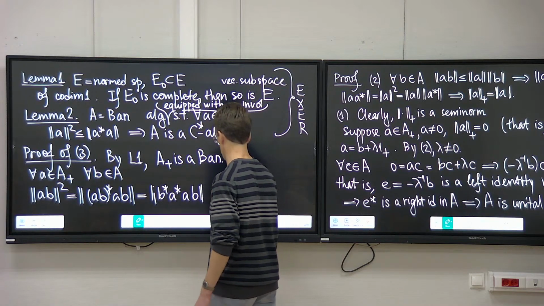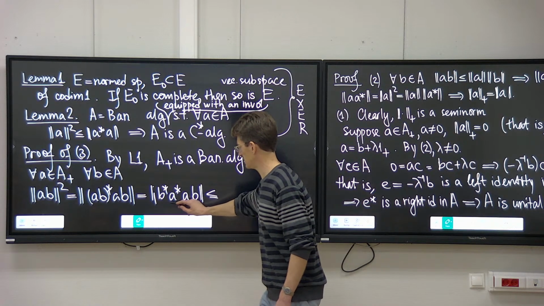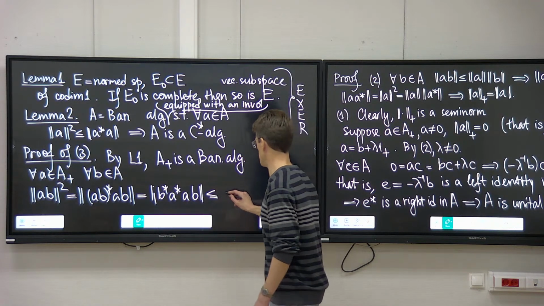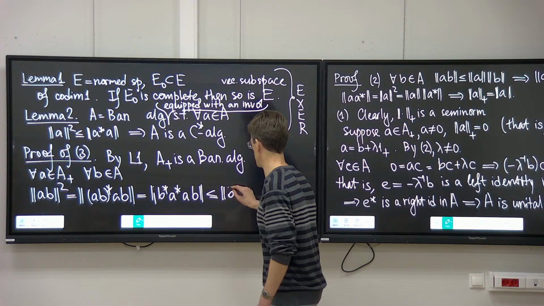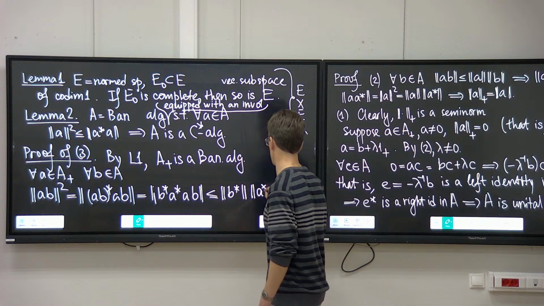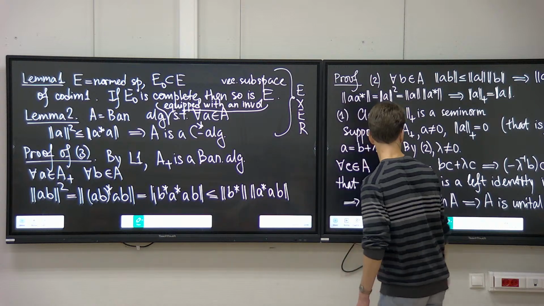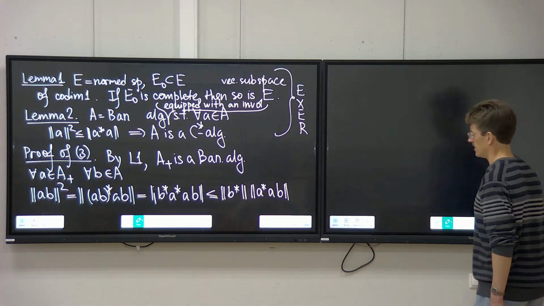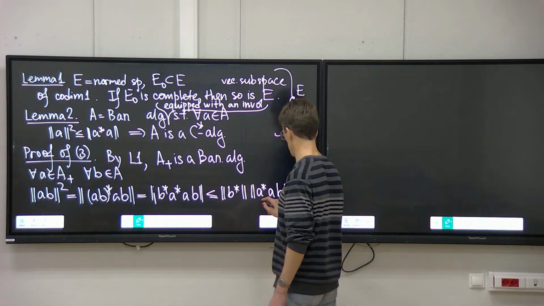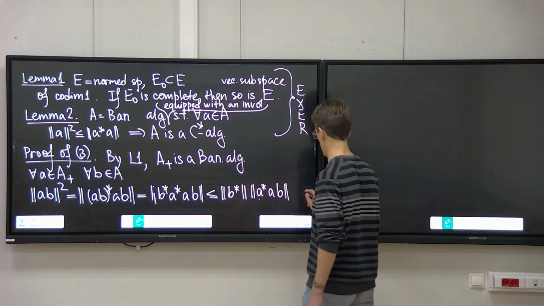And by the submultiplicativity of the norm in A, since b star sits in A, this element is also in A. And so this is less than or equal to the norm of b star times the norm of the element a star ab. Now this element sits in A plus, and we use the definition of the norm on A plus.